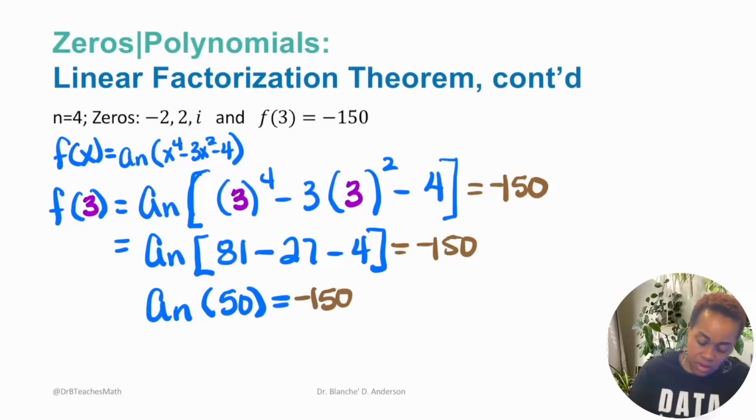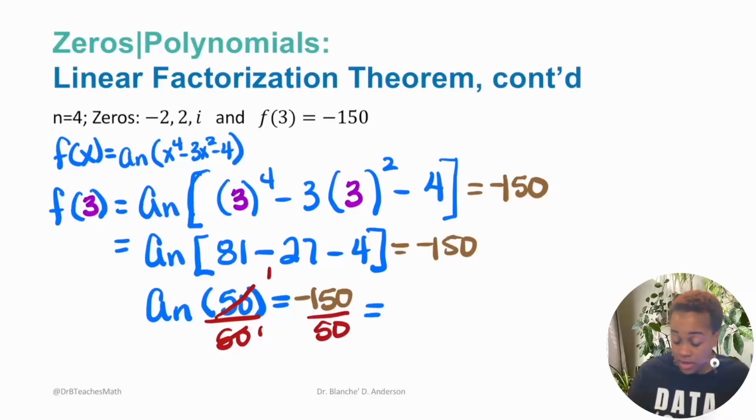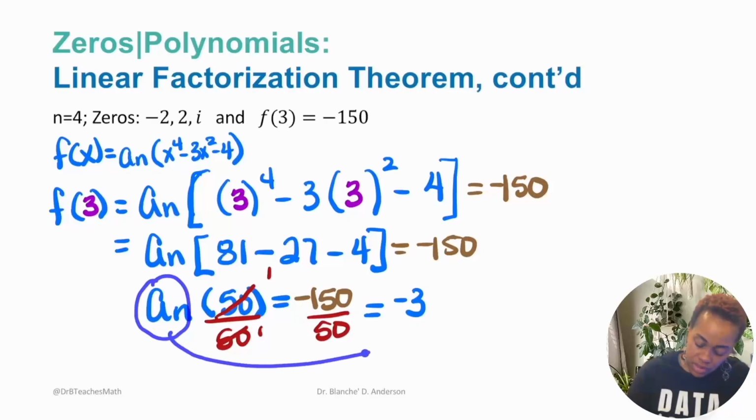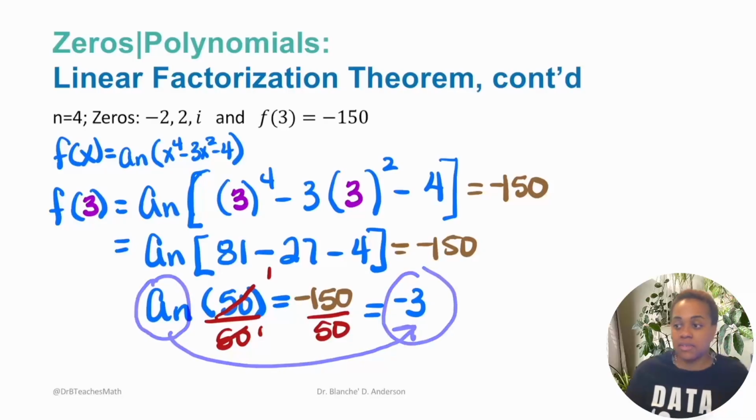You see that? We're going to divide both sides by 50. Those divide evenly. And then negative 150 divided by 50 should be negative 3. Watch the sign. So my a sub n is equal to negative 3.